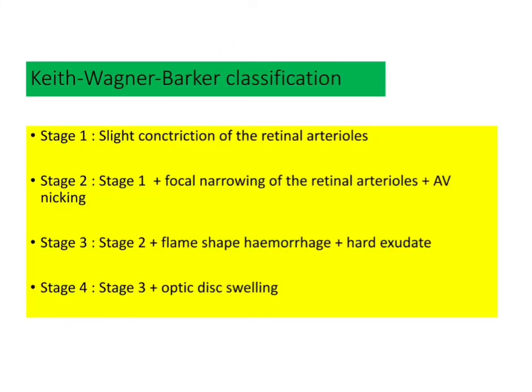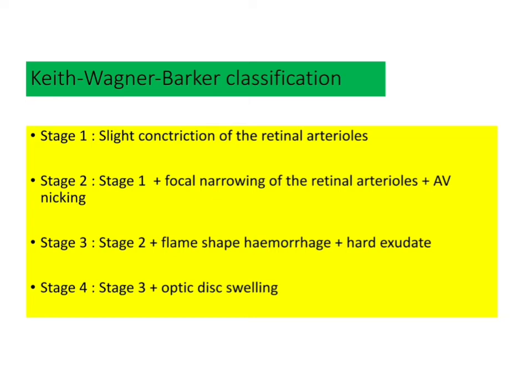So this is the classification of hypertensive retinopathy, where we follow the Keith-Wagener-Barker classification. In stage 1, there is slight constriction of the retinal arterioles. In stage 2, stage 1 signs are present, like constriction of the retinal artery, along with focal narrowing of the retinal artery and AV nicking.